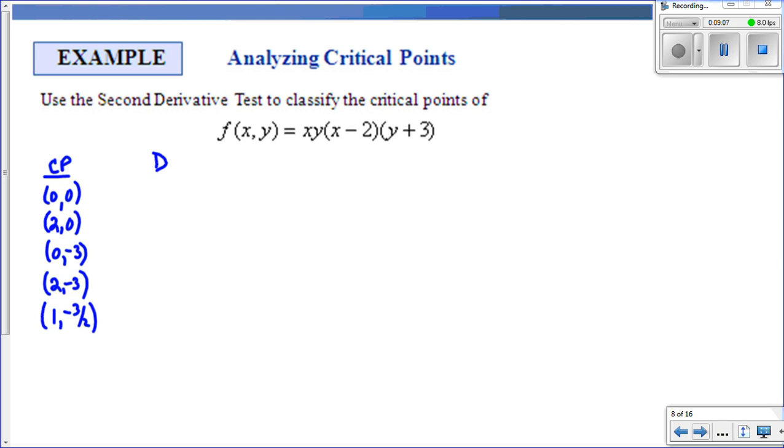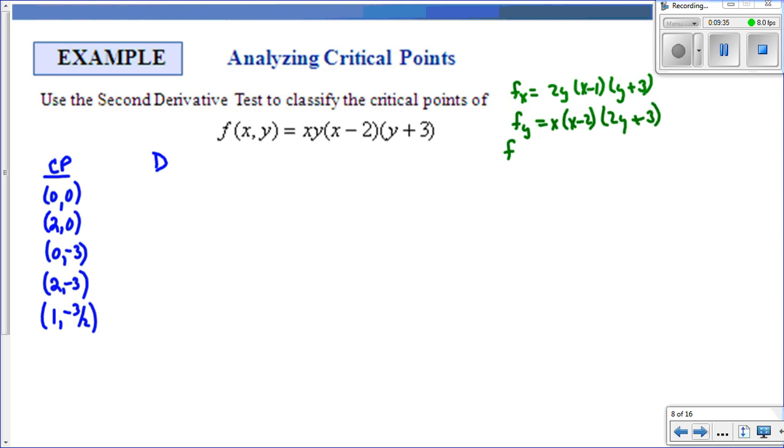Well, the discriminant, let's go ahead and get our partial derivatives again. We had our partial with respect to x was 2y(x - 1)(y + 3). The partial with respect to y was x(x - 2)(2y + 3).